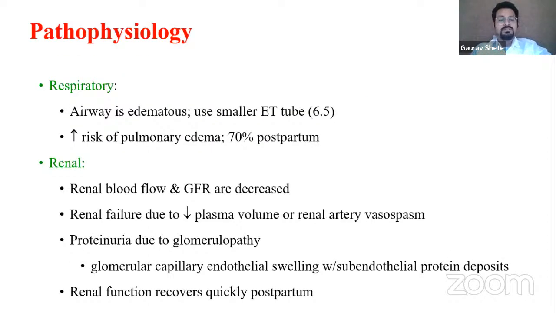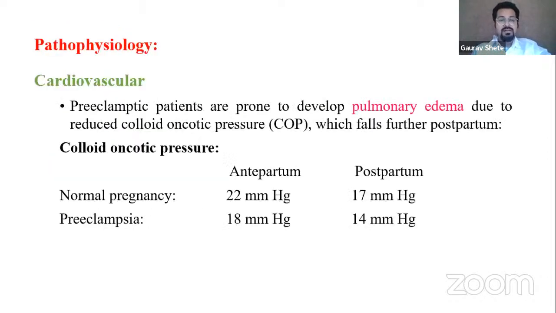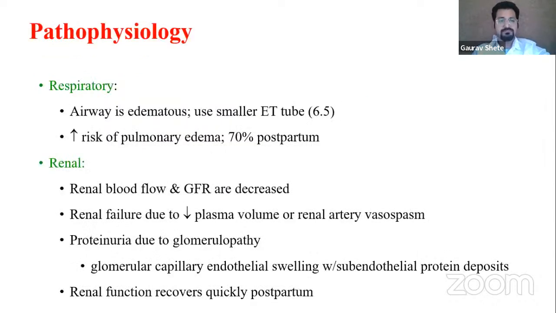Okay. So initially there is an increase in cardiac output, but at the later stages of pregnancy, if the BP is not well controlled, the cardiac output eventually starts gradually decreasing at the end of the pregnancy. Respiratory: airways are edematous, there is a need for a smaller ET tube, and an increase in risk of pulmonary edema of almost up to 70%.